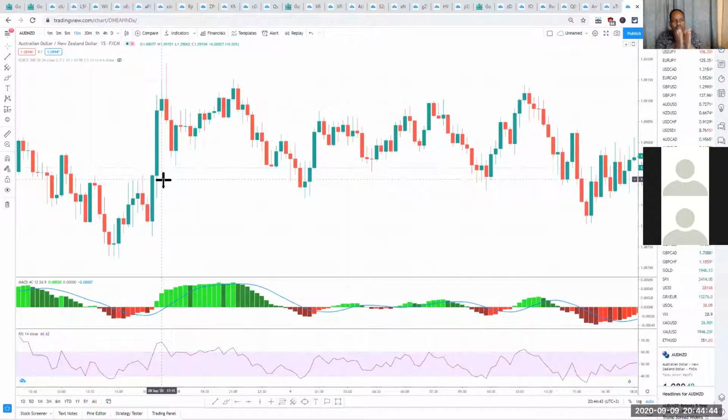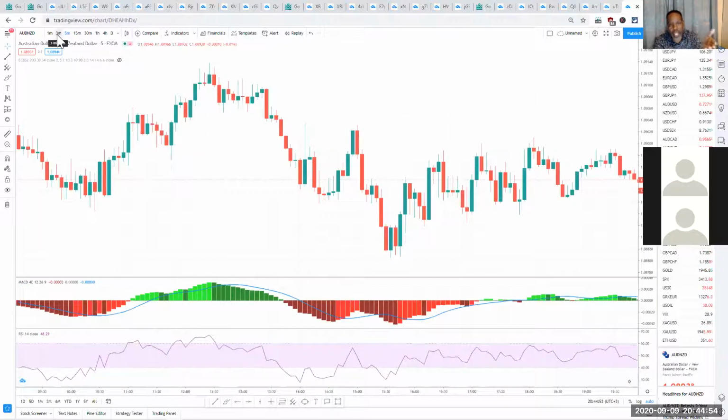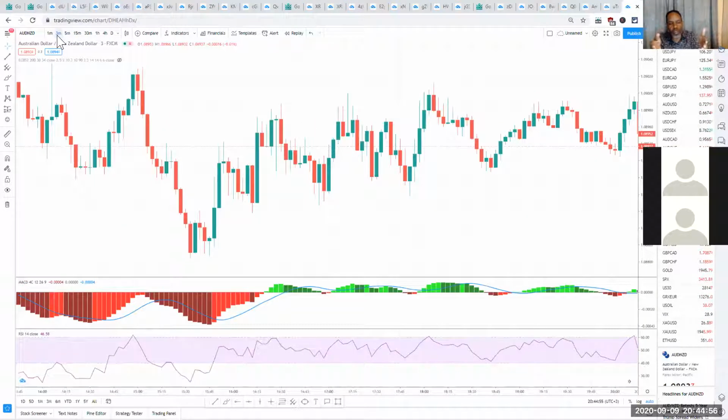So if you want to dissect what happened inside this particular candle, you can go to 5 minutes or even 3 minutes, because now 3 minutes will have how many candles within a 15-minute candle? It will have 5 of them, all right? So 5 of these candles make a 15-minute candle. All right, so basically that's about candles and all that.